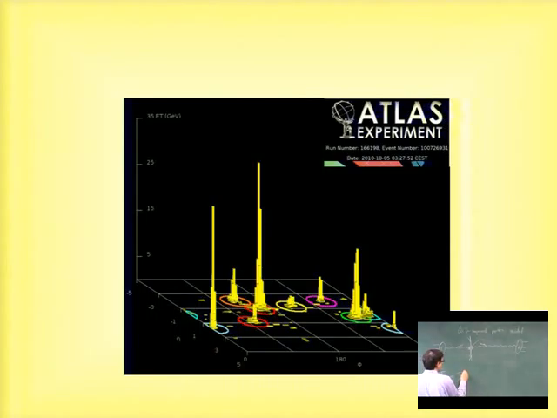And schematically, at tree level, we have to sum over all the different kinds of incoming partons. And we have to integrate over the momentum fraction of those partons. There's a certain probability, if you like, of pulling each of those partons at that momentum fraction out of the proton, one proton, or the other proton.